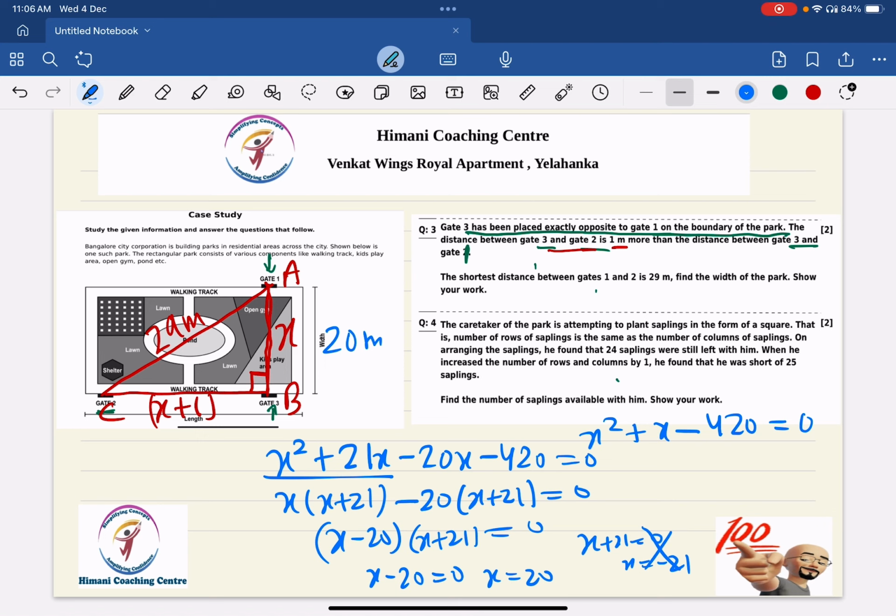When he increased the number of rows and columns by 1, he found that he was short of 25 saplings. Find the number of saplings available with him, and show the working.